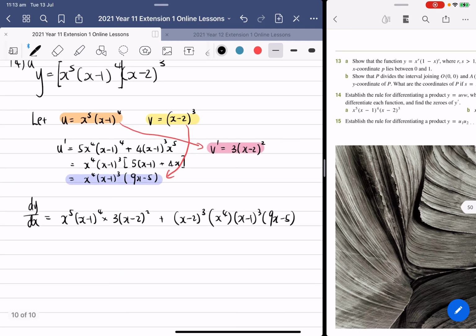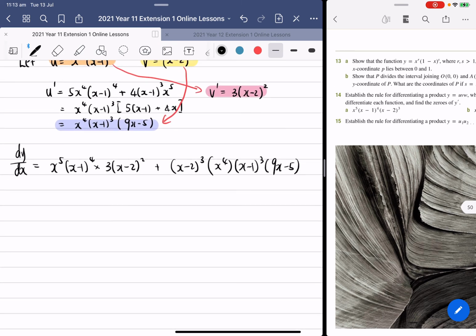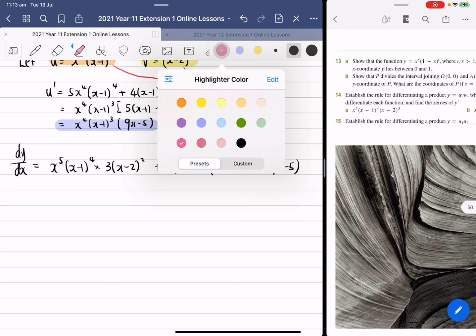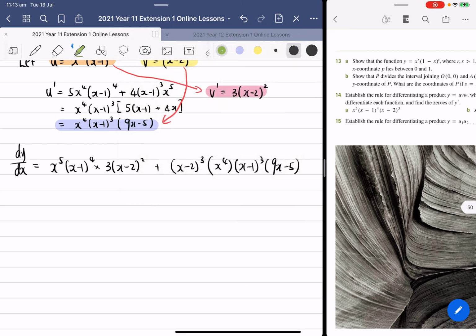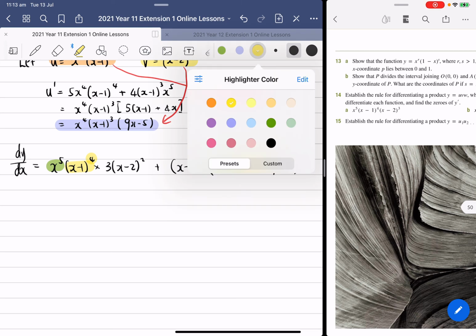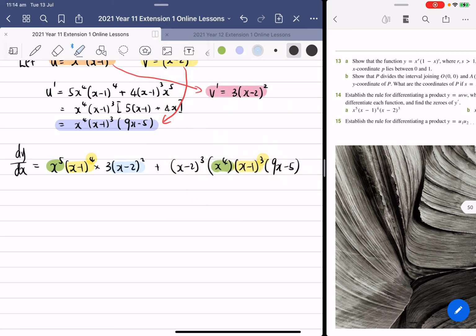Once you get to this point, it looks like we can still further factorize. We do have some common factors. X to the power 4 and 5 have a common factor. (x minus 1) to the power 4 and (x minus 1) to the power 3 also have a common factor. There's one more, which is (x minus 2).